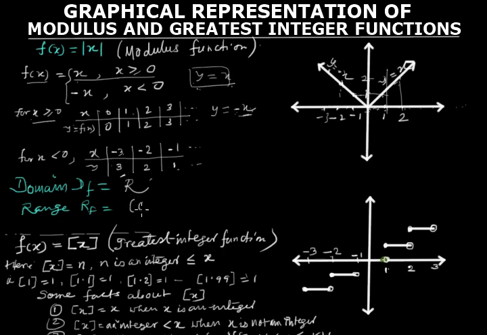So this is the modulus function; the domain is R, or minus infinity to plus infinity, and the range is all positive values from 0 to infinity, including 0.